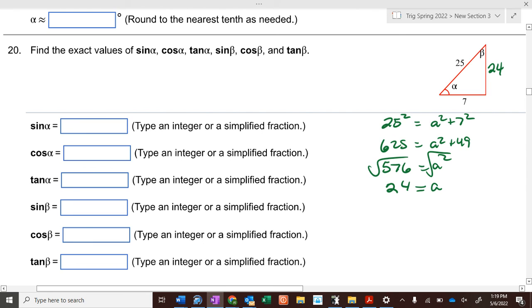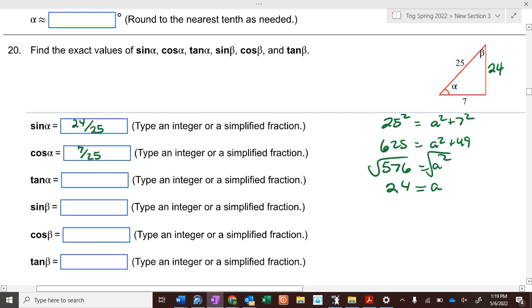So now that we have that, this makes a super easy problem. Sine of alpha, opposite over hypotenuse, 24 over 25. Cosine of alpha, adjacent over hypotenuse, 7 over 25.